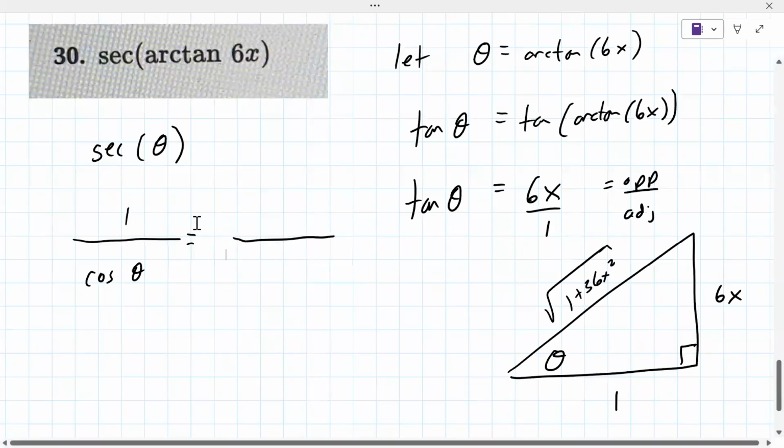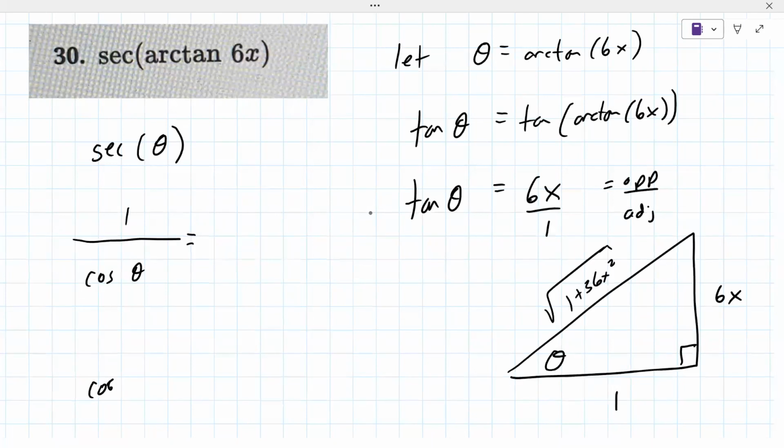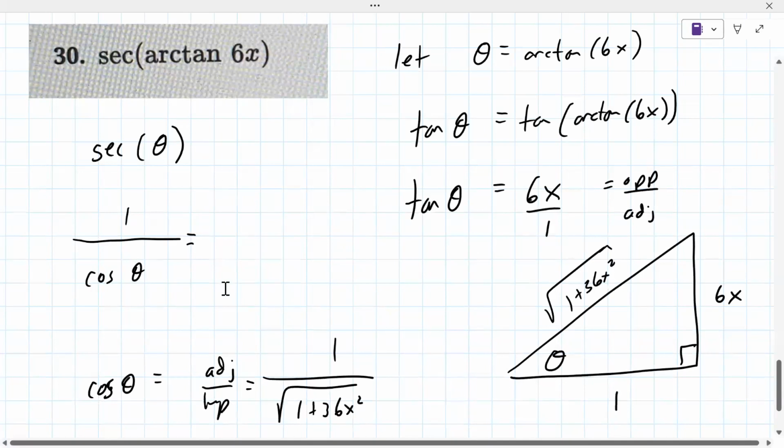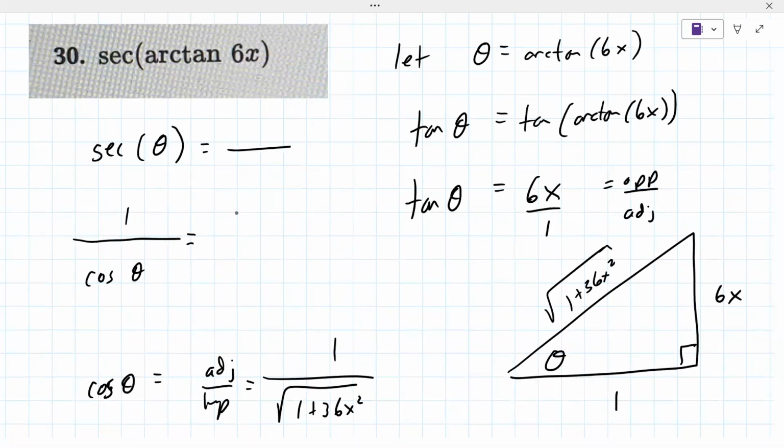Cosine of theta is adjacent over hypotenuse, which is 1 over the square root of 1 plus 36x squared. And then secant is the flip of that. So square root of 1 plus 36x squared over 1.